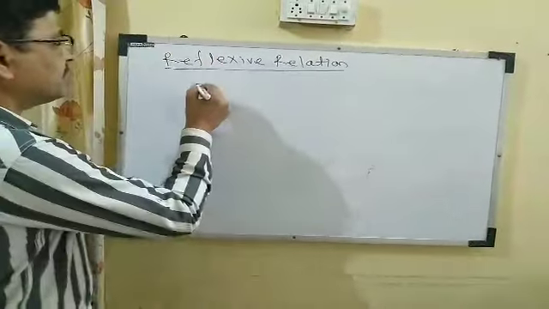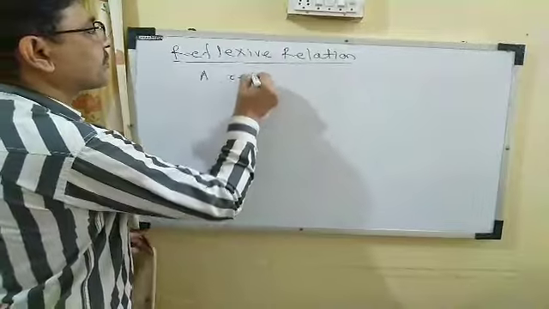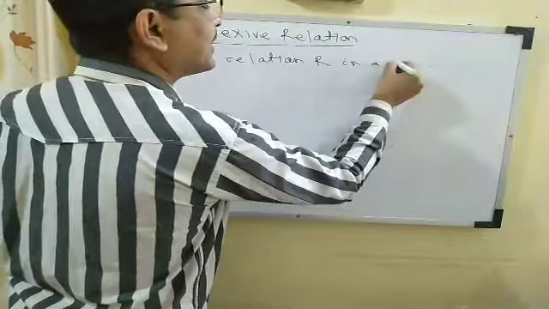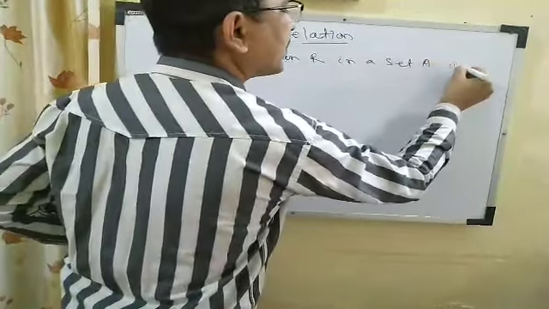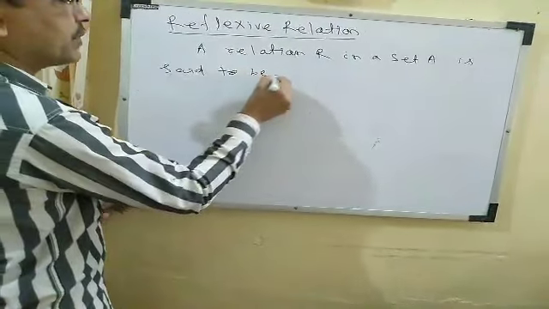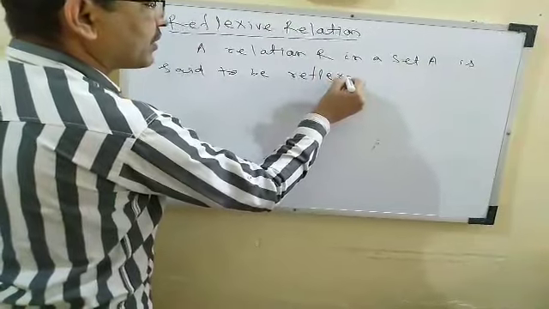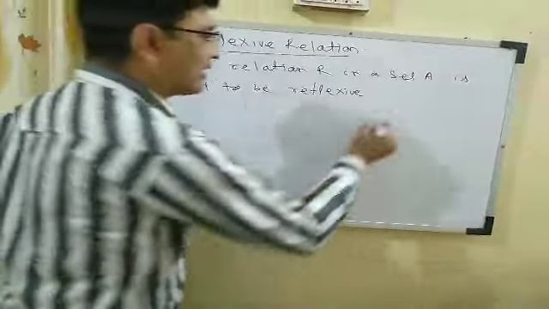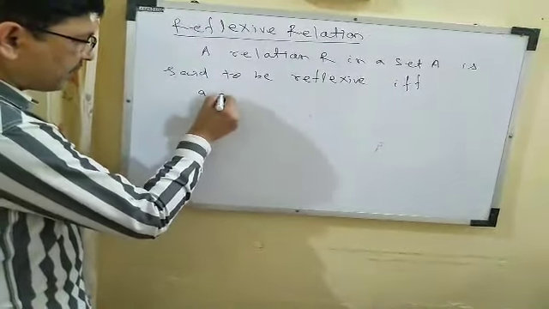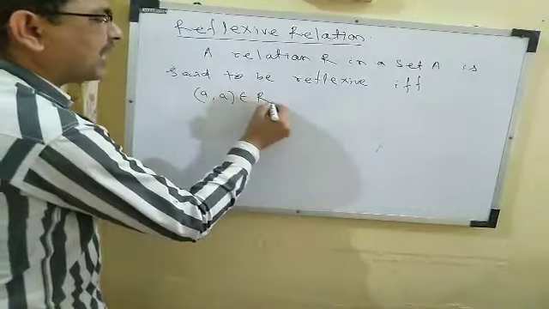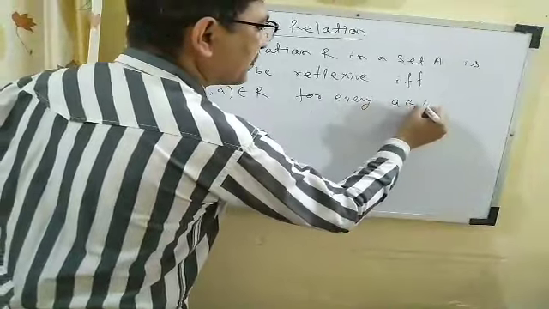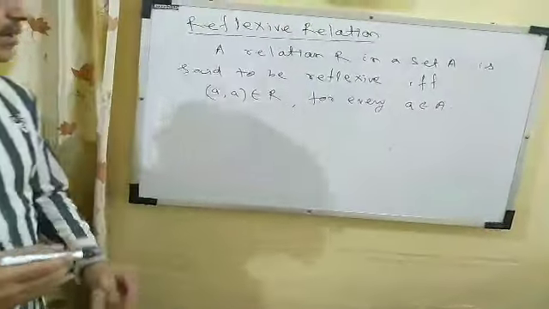A relation R in a set A is said to be reflexive if and only if the ordered pair (a, a) belongs to R for every a belongs to A.